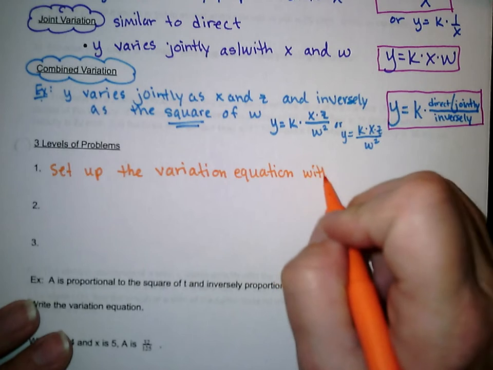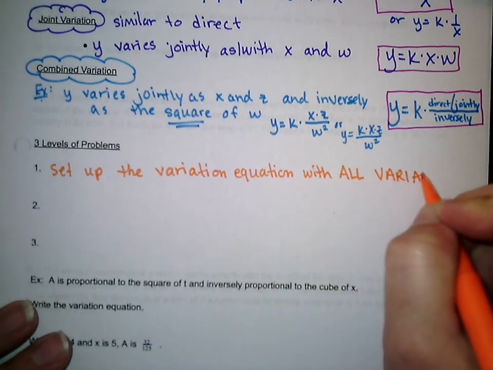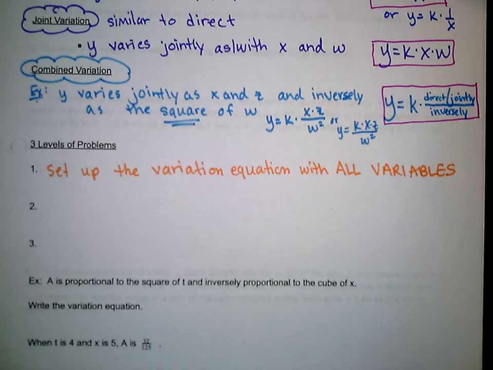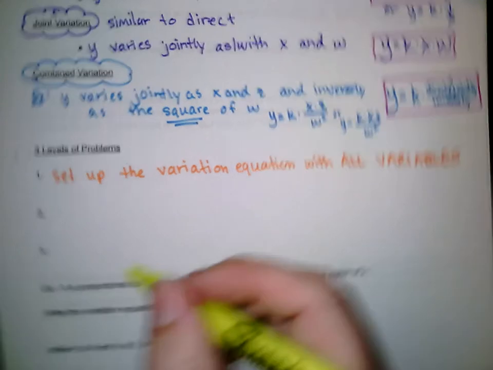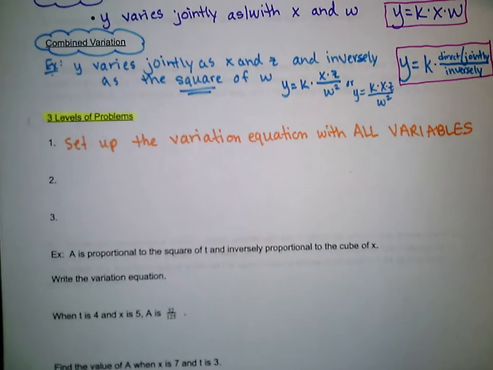It's just going to be all variables. And you have to do level 1 in order to move on to level 2. You have to do level 2 to move on to level 3. So if you have a level 3 problem, you're going to have to do the first 2 levels anyway to get there. So that's level 1.